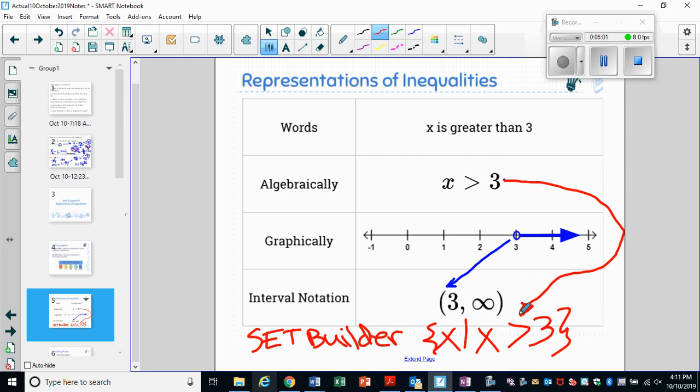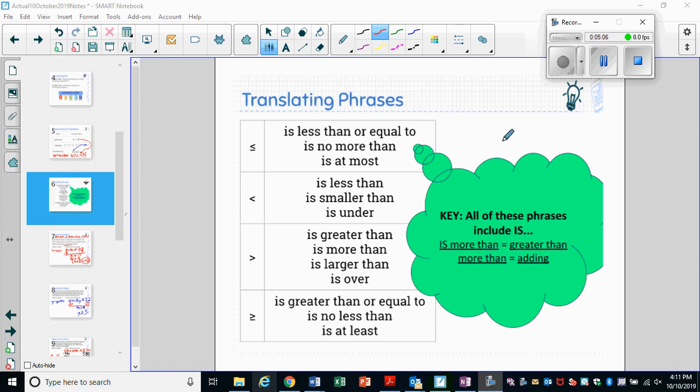That's what this bar is called, the such that bar. These are translating phrases. You do have these as well in your notes.